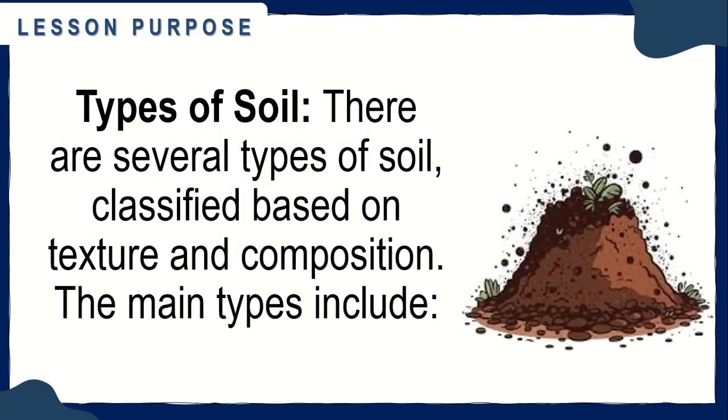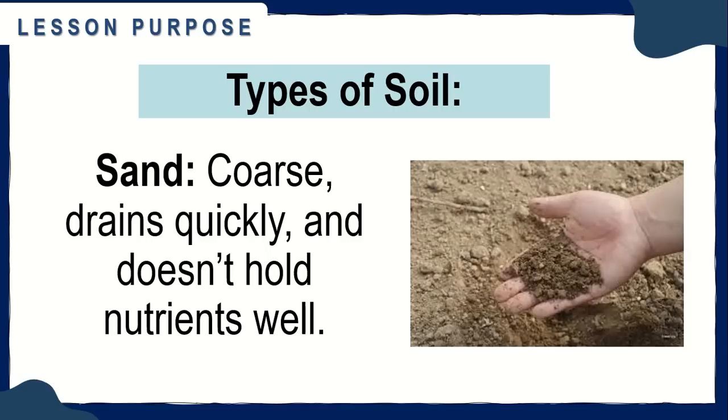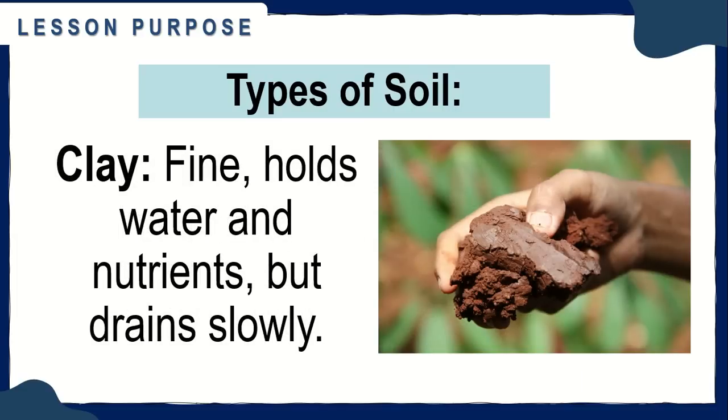Types of soil. There are several types of soil, classified based on texture and composition. The main types include sand, coarse, drains quickly, and doesn't hold nutrients well. Next is clay.